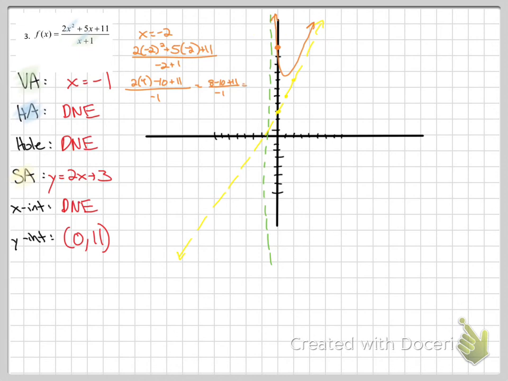That's going to be negative 9. So on the left of the green line, it's down at negative 9.